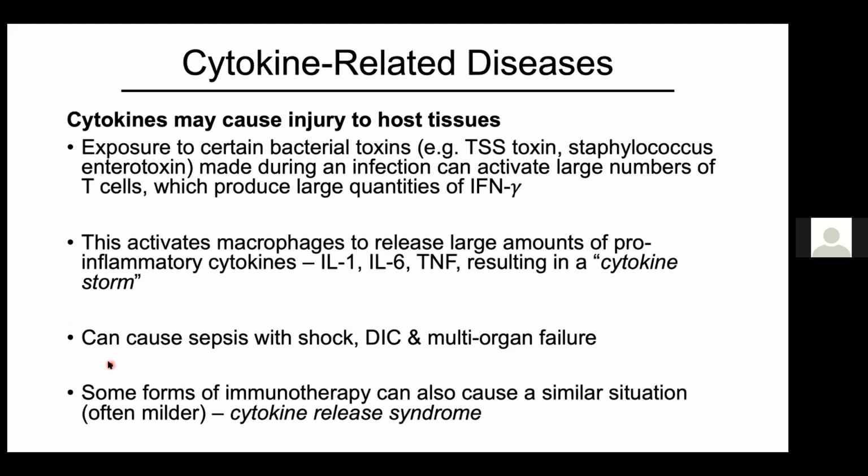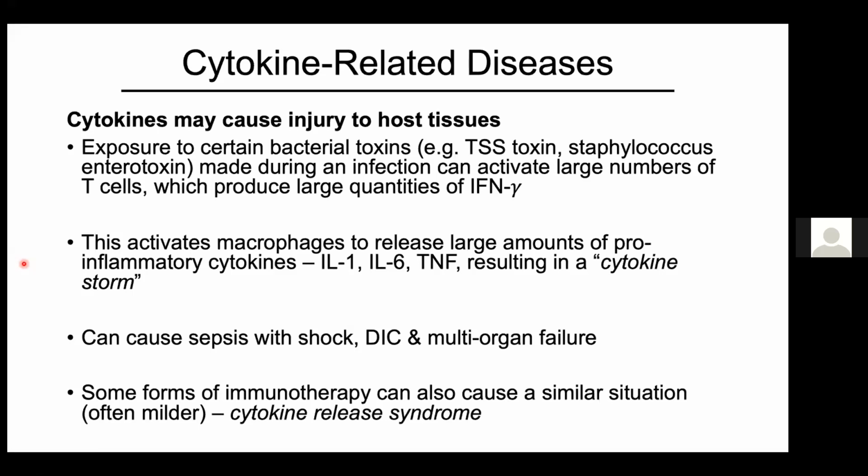And then on cytokine-related diseases, because cytokines are very potent, sometimes they may cause injury. Sometimes when you get excessive cytokine production, you end up getting excessive inflammation that injures host tissues.